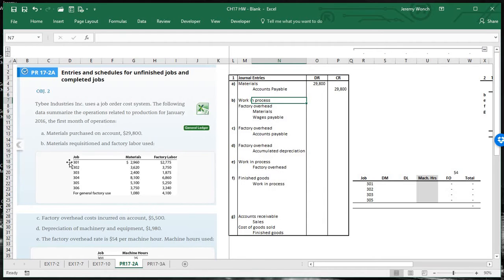All right, so in part B, we have materials requisitioned and factory labor used. In the first one we're buying materials, and in the second one we're going to apply materials, wages, and overhead to work in process.